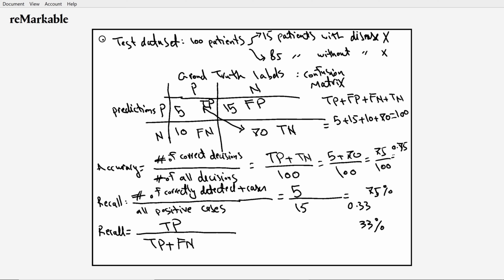Now in the case of recall, our model is doing the opposite of that. Our model is predicting every record, every patient to be positive. And by doing that, of course, because everyone is predicted to be positive, you will get 100% of the positive cases. So if you predict all those 100 patients to have the disease, well, the 15 patients that actually have the disease are going to be among your positive predictions.